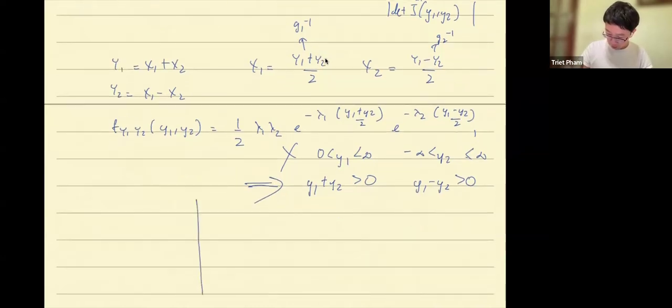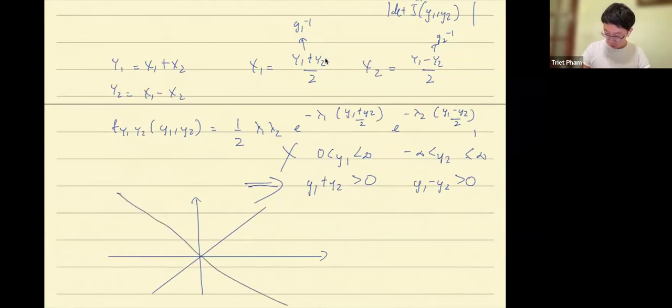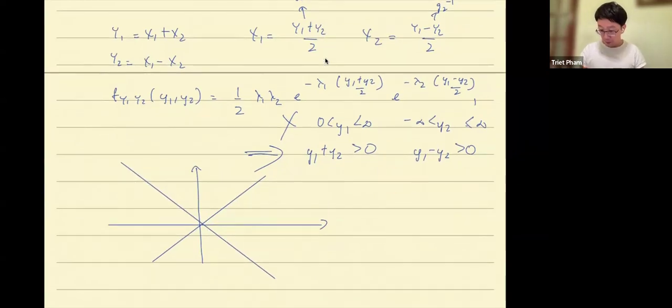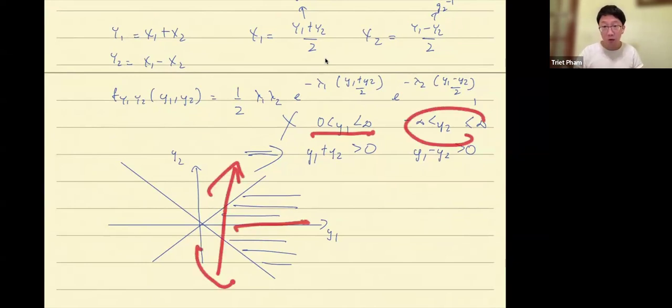So if you draw the picture, here's y1 equals y2, here's y1 equals minus y2, right? Then y1 is bigger than both. That means that's the range. So you see, it's true that y1 is positive and y2 takes on both values.